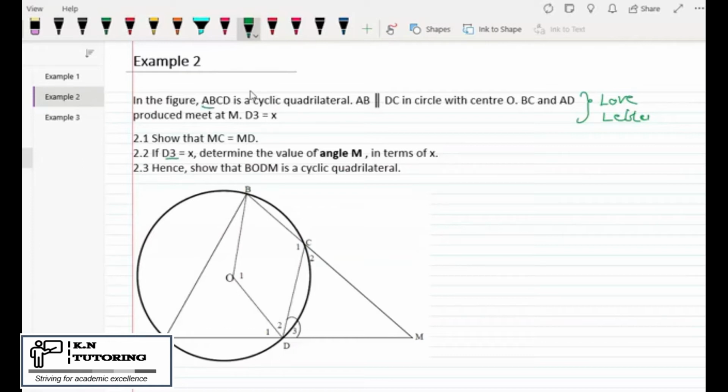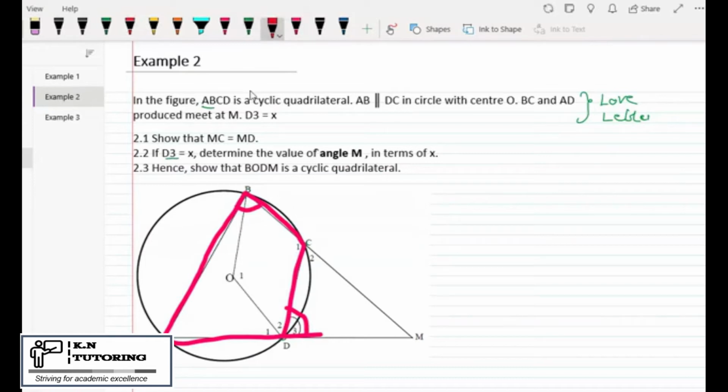ABCD is a cyclic quad, so that's my cyclic quad. From there we can start looking at what is very important. What does it mean? It means the exterior angle is equal to the interior opposite angle.